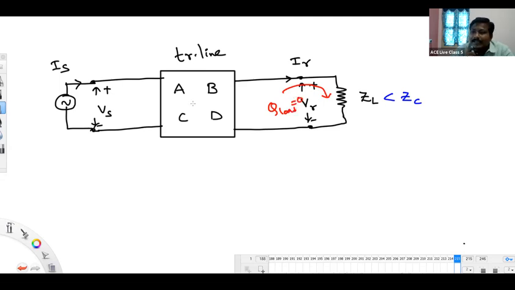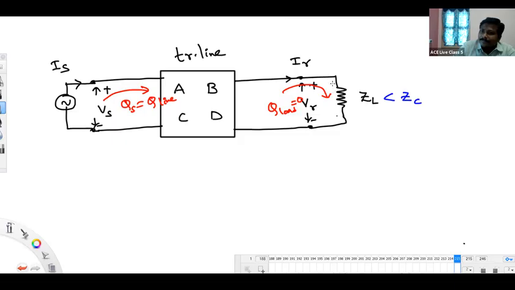What about the line? The line is absorbing some reactive power. Who has to supply that reactive power to the line? Definitely the source. So we have a reactive power supply from the source to the line.